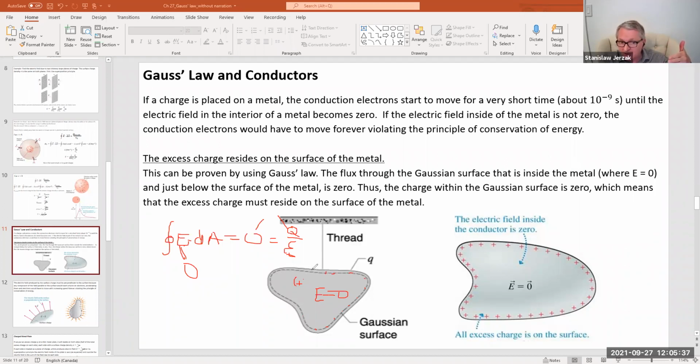And because the Gaussian surface is just beneath the surface of the metal, that extra charge must be on the outside surface of the metal, which is represented here.